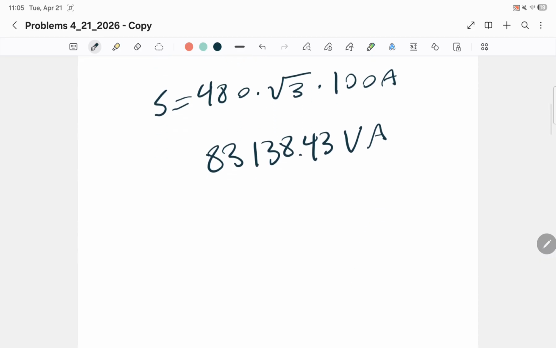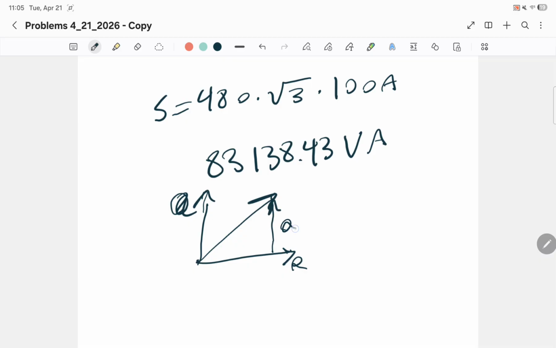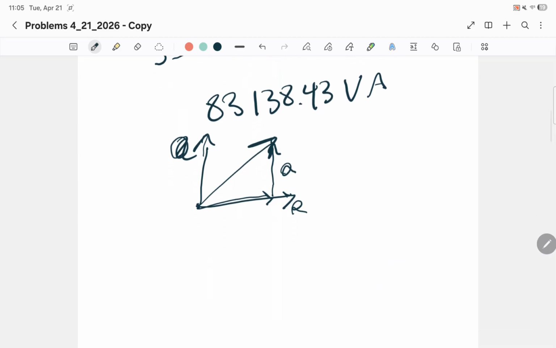And then to solve for real power, you want to think of the power factor triangle. You have your imaginary power Q, real power R, and then apparent power somewhere like here. So this vertical line is going to be Q, and your real power is going to be on the x-axis. So pretty simple.